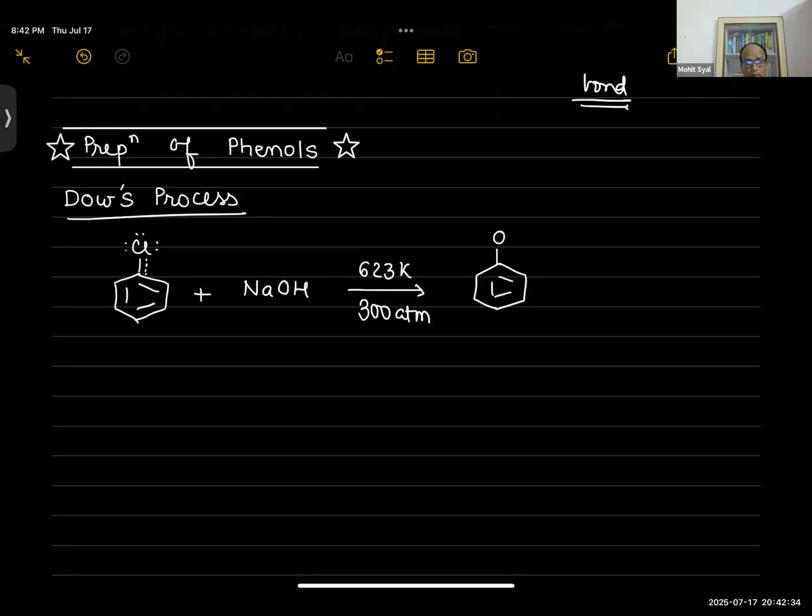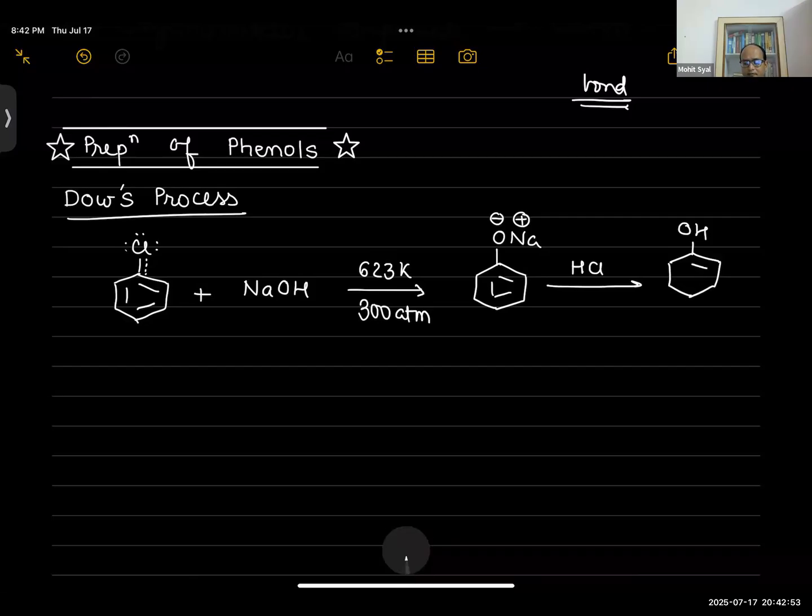It will be replaced by O because it is NaOH, so it will form ONa. Then you will react with some acid or water to make it phenol. Is that clear to everyone? This is the Dow process.